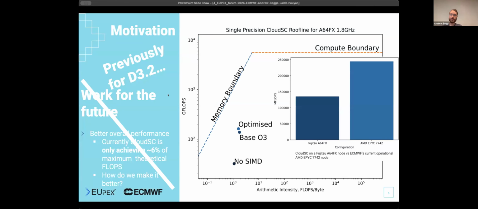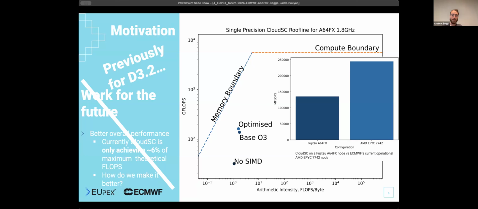So let's get into the motivation of this. Why do we care about Loki? For the previous deliverable in EUPEX, deliverable 3.2, we had a poor realization of maximum performance of the platforms. You can see here, this is a slide I've taken from a previous presentation.